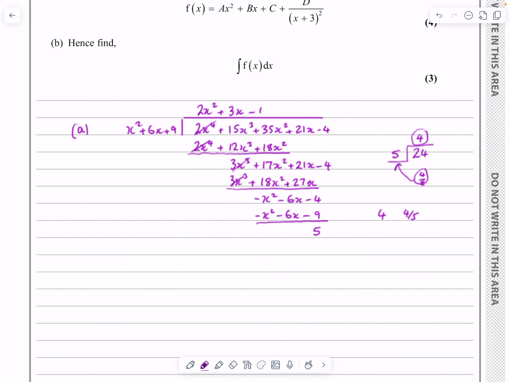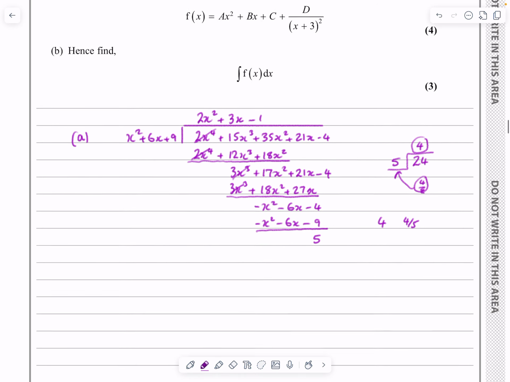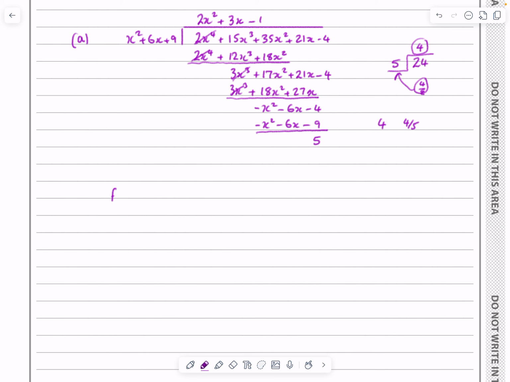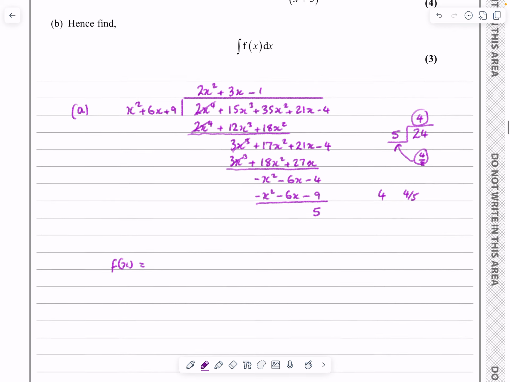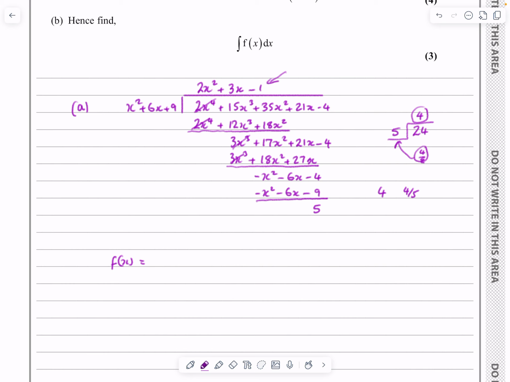So now that I've got that, I can almost do the same thing here and say, okay, my function then is going to be the multiplier, the correct name for it, the quotient. The multiplier there is going to be 2x squared plus 3x minus 1, and this is a remainder, so plus 5, but we don't just write down 5, do we?